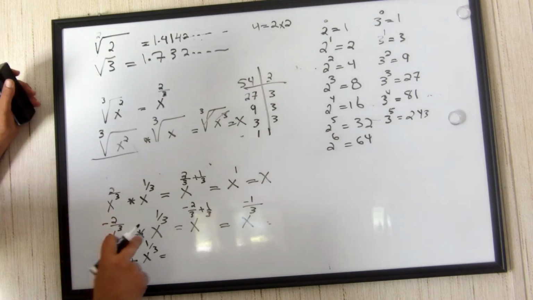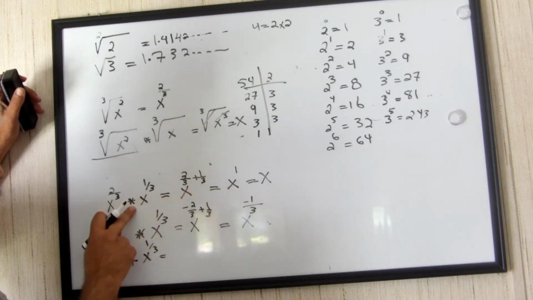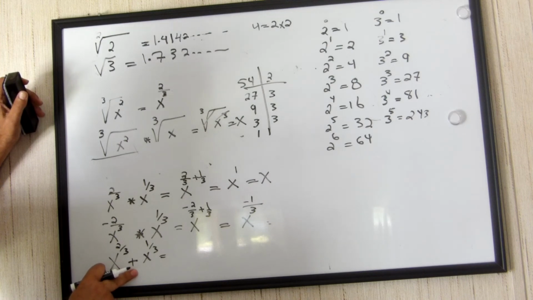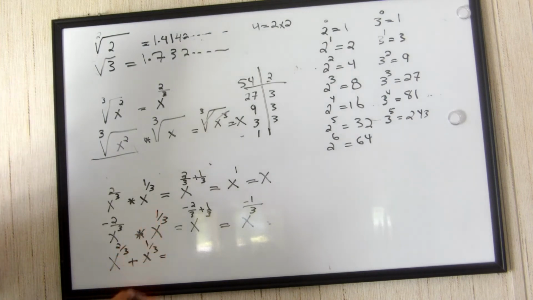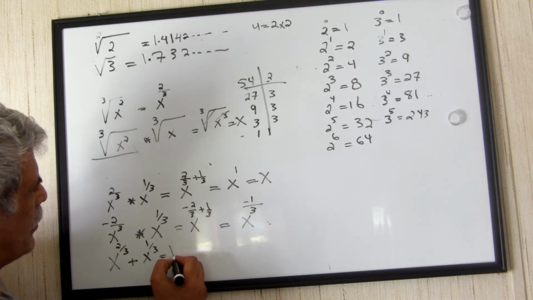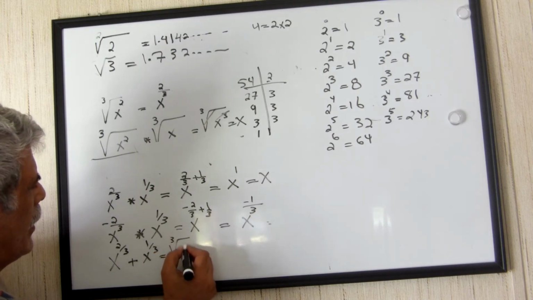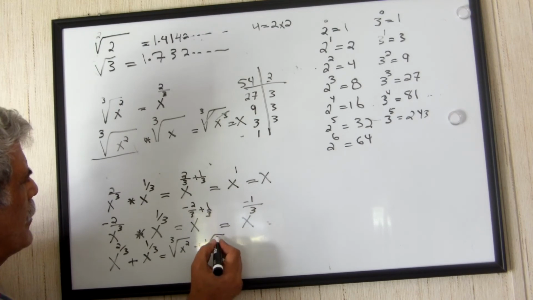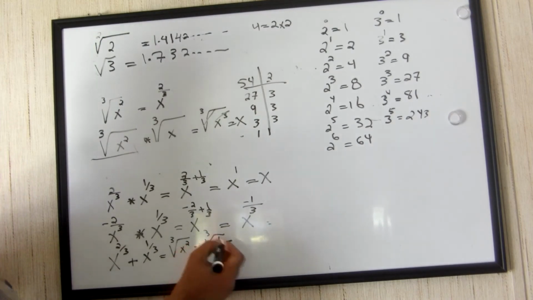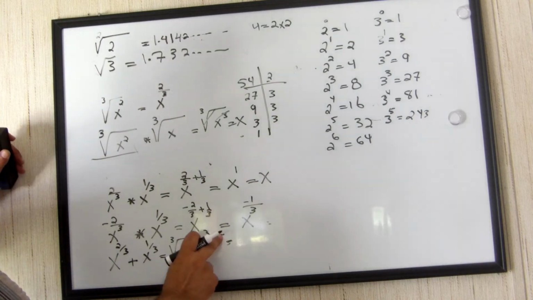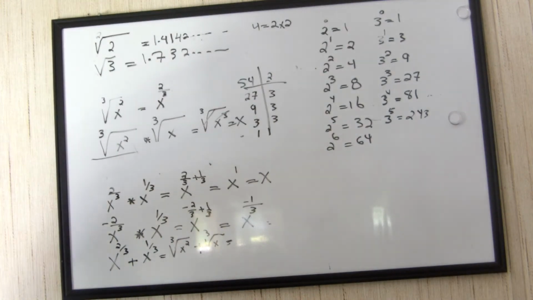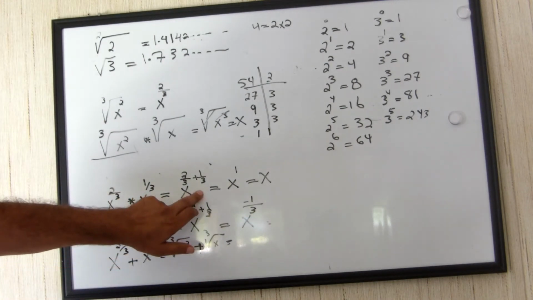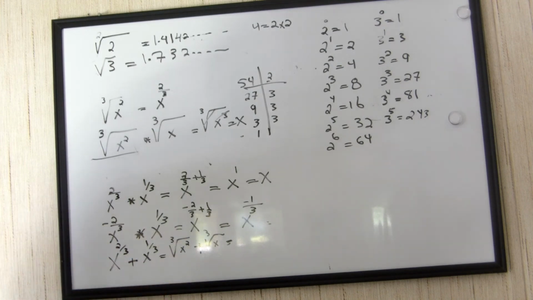You can do this when it's multiplication, but here it's addition. This one is plus this one, so we just write the same original plus x. You can omit this exponent because if it is 1, we don't write it. So in multiplication we can do this, but otherwise we cannot.